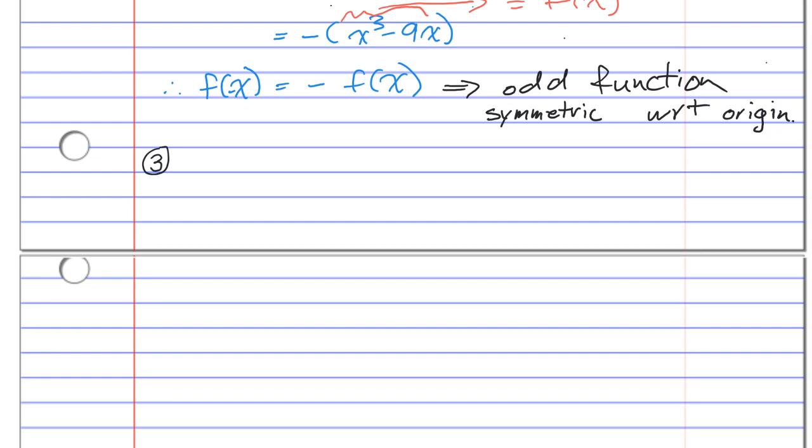So part 3 of our analysis makes us look at the intercepts of our graph. And when we're looking at the intercepts, we need to know what the Y-intercept is, and we need to know what the X-intercept is. So let's go and do that.